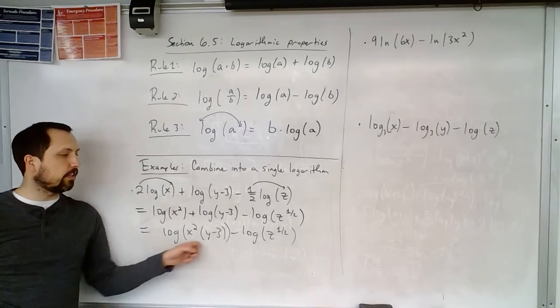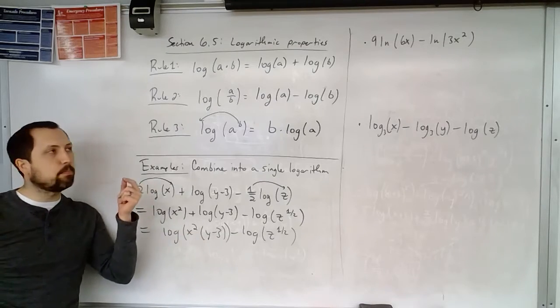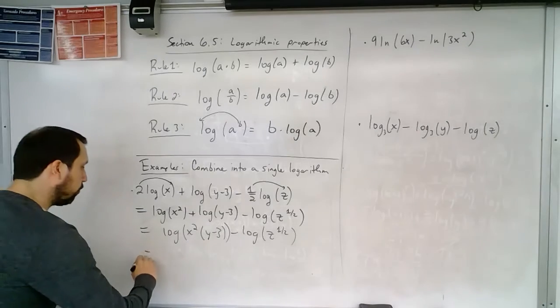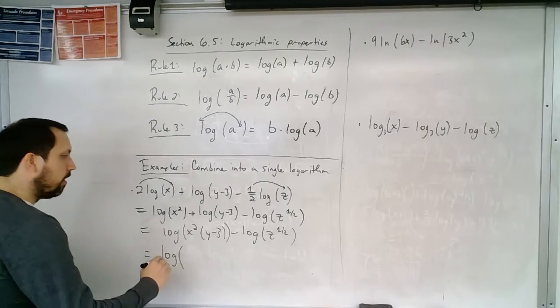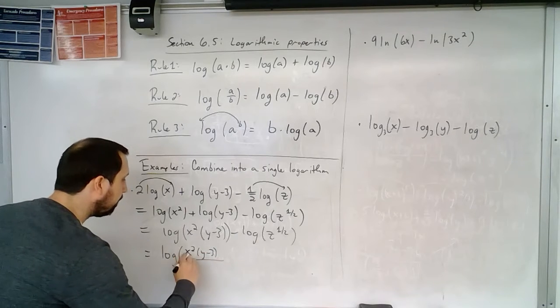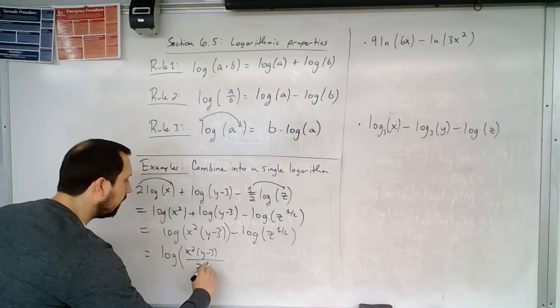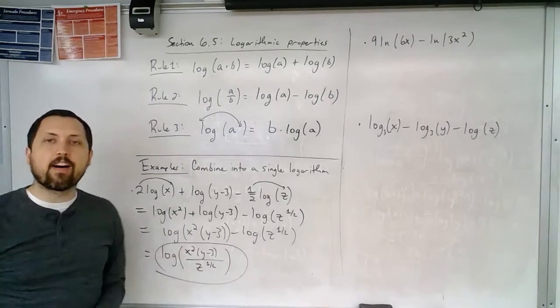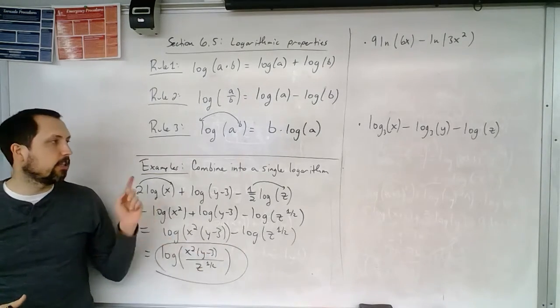So this first part here is going to be on top, and the second part that's being subtracted will be on the bottom. So this will be log of x squared times y minus 3 divided by z to the 1/2 power. And this is my final fully combined logarithm.